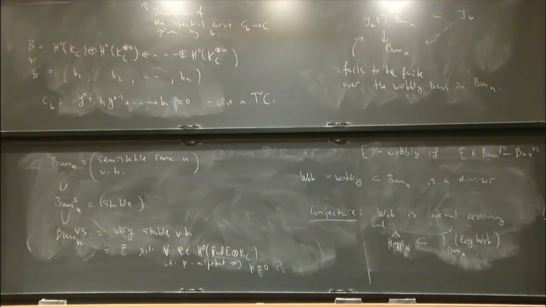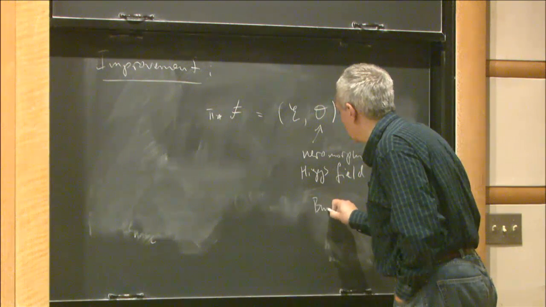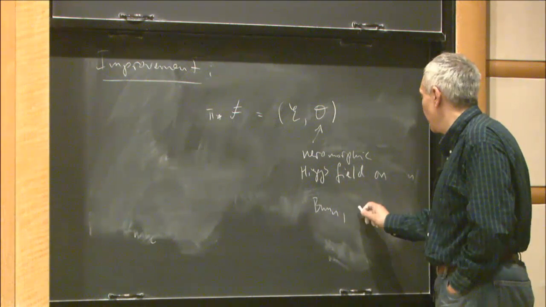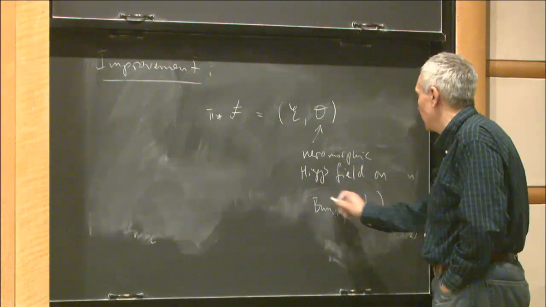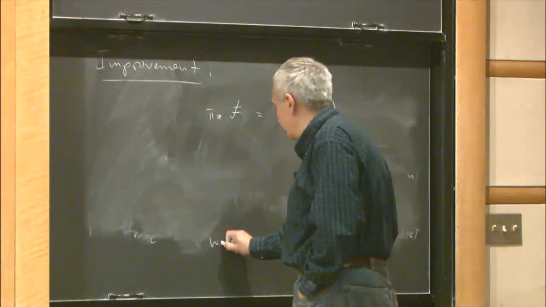So the improvement will be that you take this, and this is now a meromorphic Higgs field on semi-stable Bun_N with the wobbly divisor, with parabolic structure.